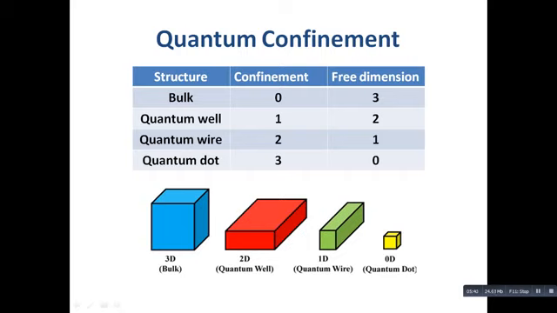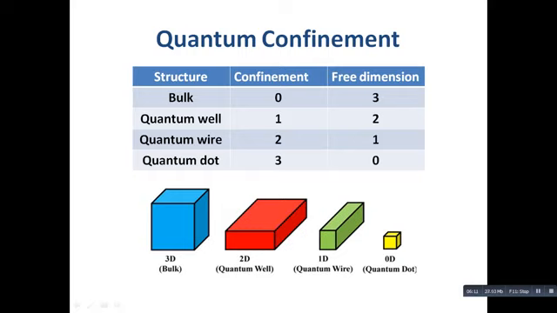But this charge carrier is free to move from this direction to this direction, and from this direction to this direction. I mean, along breadth and length the charge carrier can move. So if a charge carrier is restricted to move along one direction, but it is free to move along two other directions, in such cases we call the structure a quantum well. So quantum wells have one confinement direction and two free dimensions.